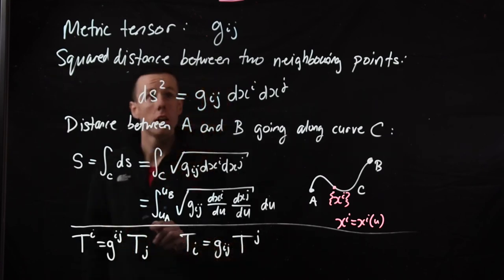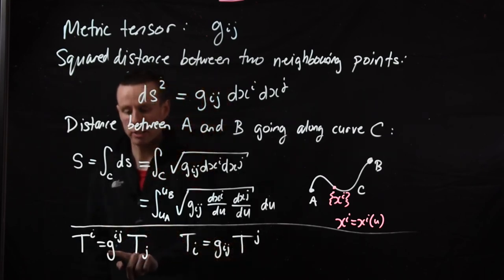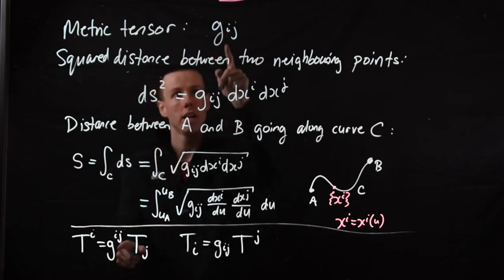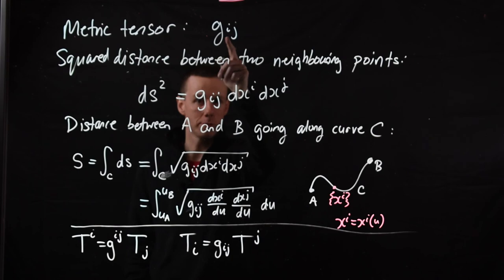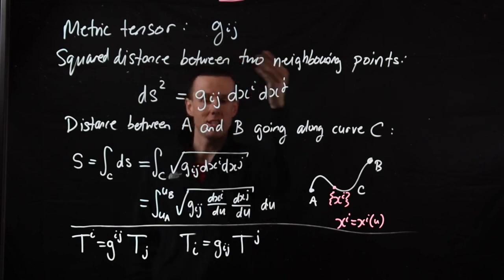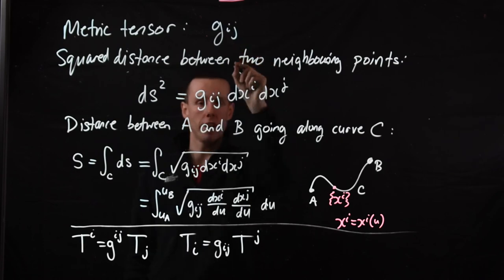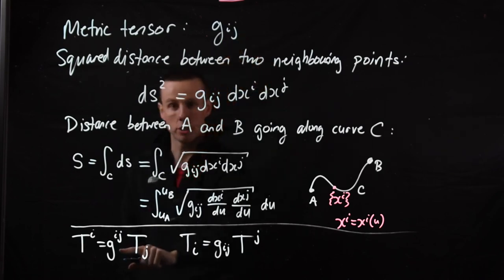By the way, I should point out that the metric tensor with superscripts, the contravariant metric tensor, is the inverse of the covariant metric tensor. Remember, the metric tensor is a rank 2 tensor, so it can be written as a matrix. What I am saying is that the covariant gij is the matrix inverse of the contravariant gij.